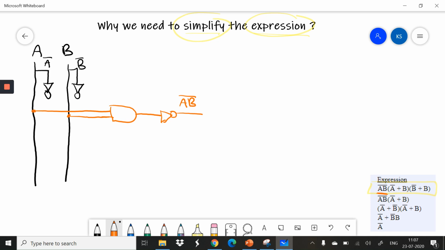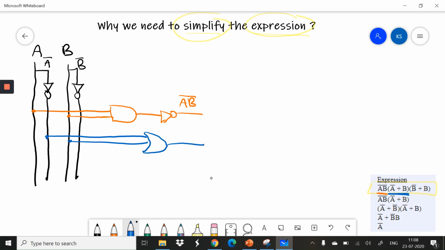So this first expression is done. Now let's take the second expression, that is a bar plus b. Here I need to take my input lines. This is my a bar, then b, and the plus operator means here we have an OR gate.